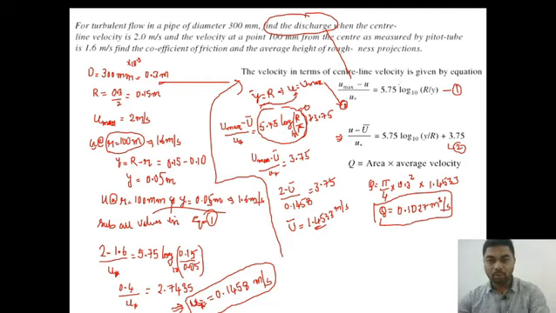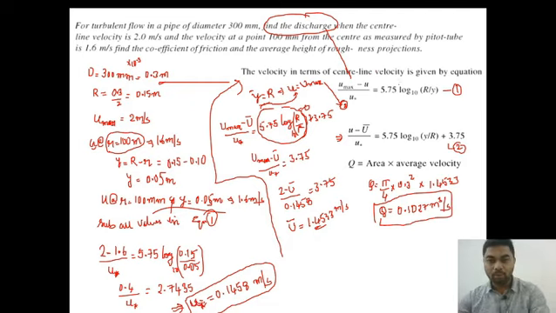Our average velocity, u bar, is 1.4533 meter per second.